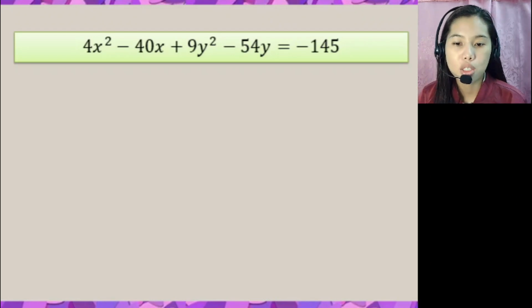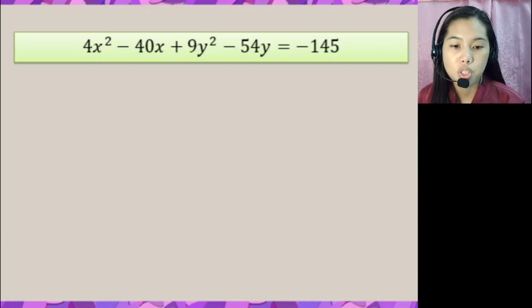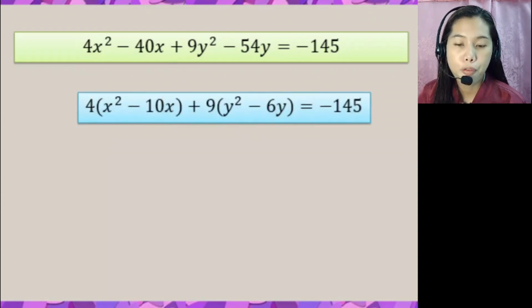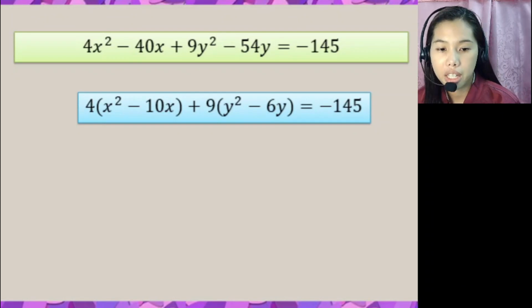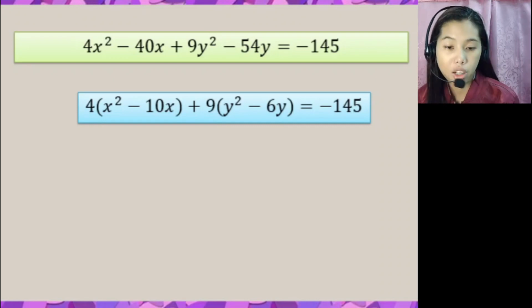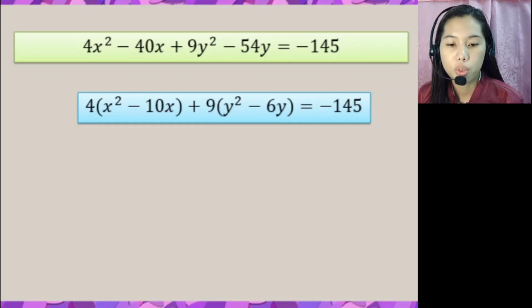So the second step is we're going to factor out, because remember when you complete the square, the coefficient of your x squared should be 1, right? So for our x, we're going to factor out 4, and for our y, we're going to factor out 9. And it will then become 4 times quantity x squared minus 10x, because negative 40 divided by 4 is negative 10, plus 9 times quantity y squared minus 6y, because negative 54 divided by 9 is negative 6, equals negative 145.